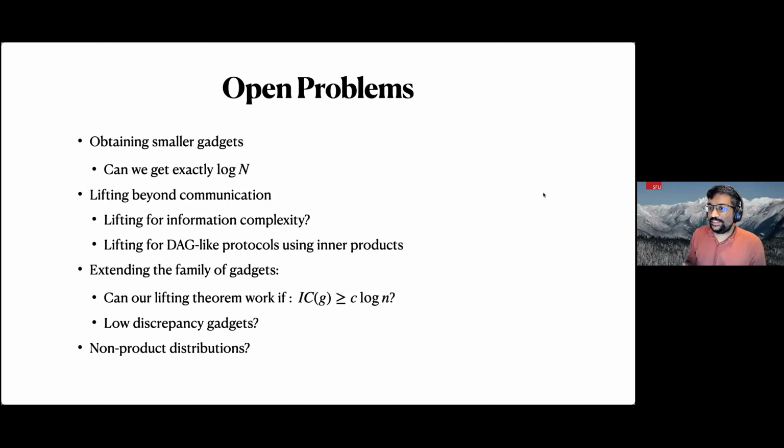In our joint work with Mika, Tony and Ian, we actually had to prove lifting with multi-output gadgets, because we were lifting block width. You can do deterministic lifting and DAG-like lifting with multi-output gadgets. So the answer is yes, and this has been done.